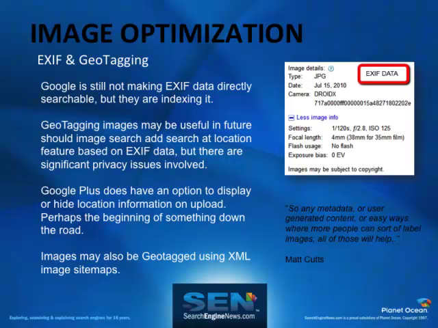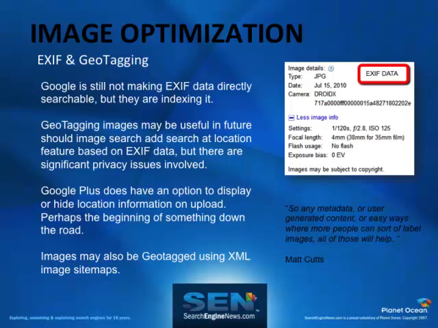For example, this one on the screenshot to the right was taken with the Droid camera. It has the date the image was taken, the file format, all the settings, the focal length, whether the flash was on or not. It also contains geographic information, the latitude and longitude where the image was taken.